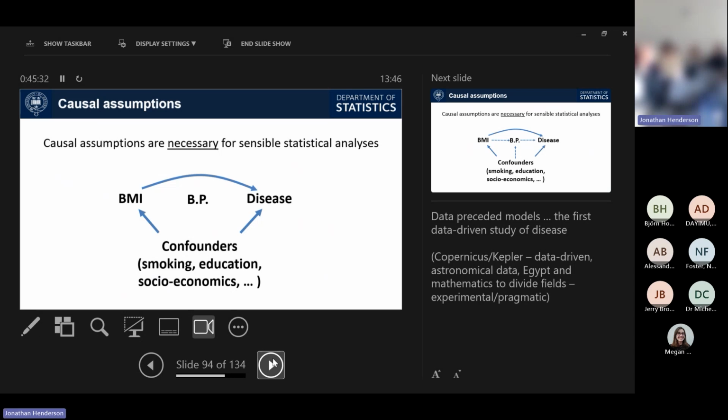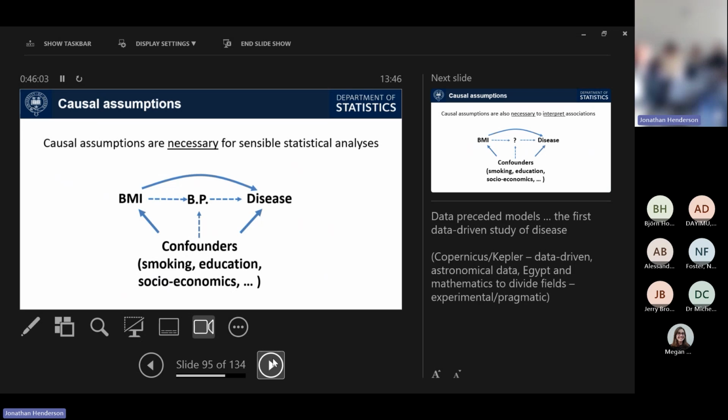If you're interested in the effect of BMI on the disease, blood pressure will no doubt in this model mediate some of the effects of the BMI on disease risk. So if you're only interested in the influence of BMI on disease risk, you probably don't need to have it in the model.